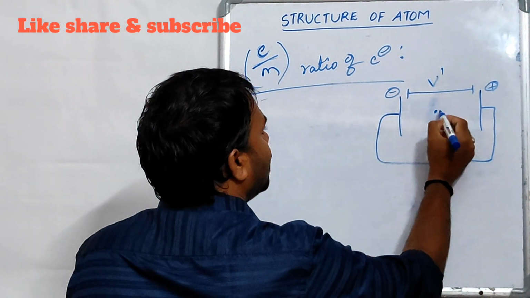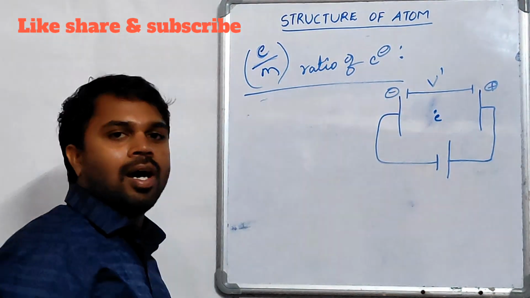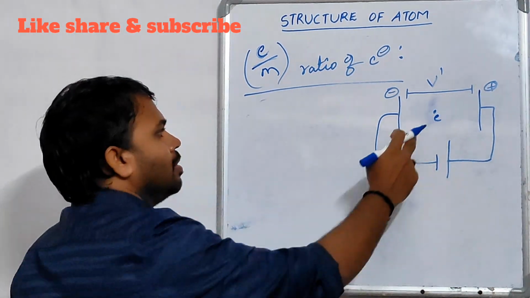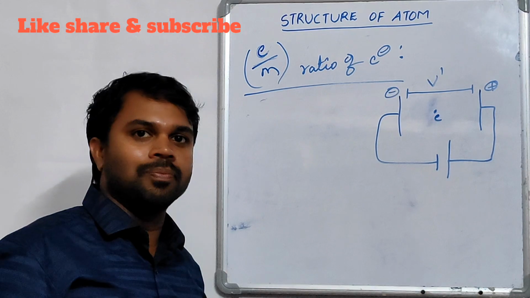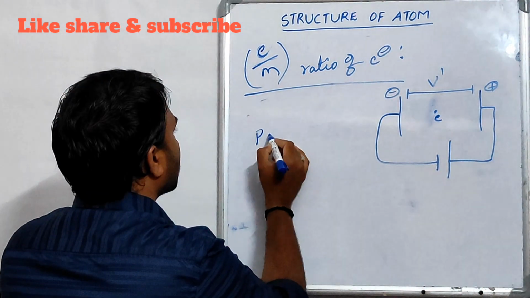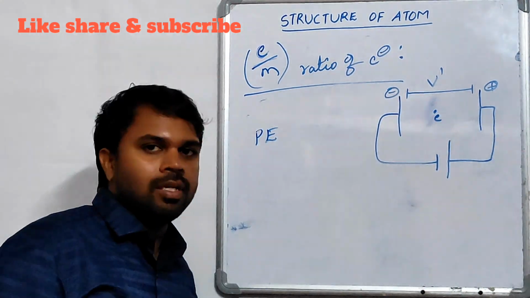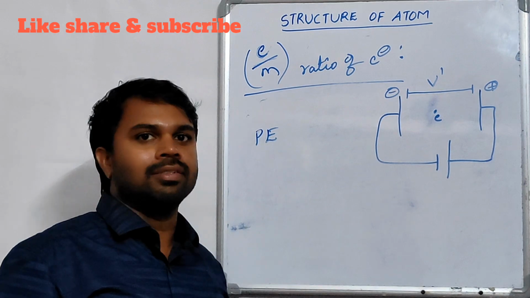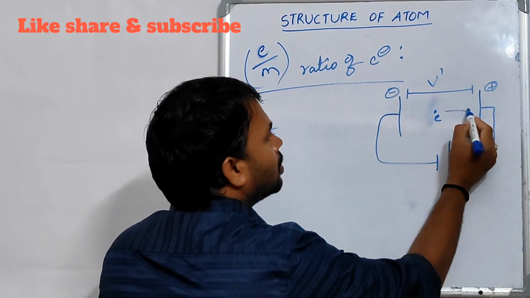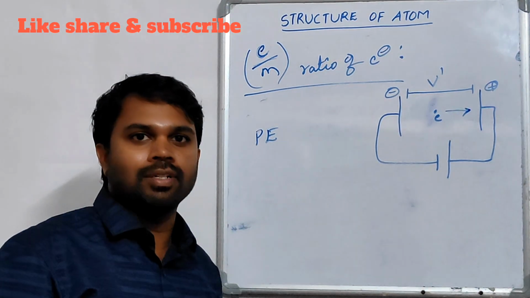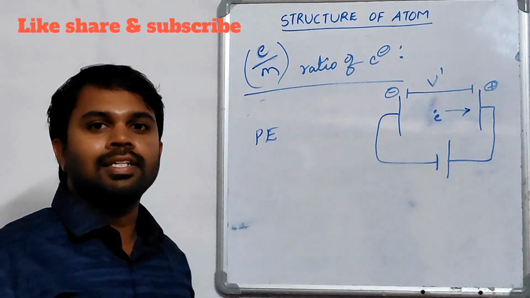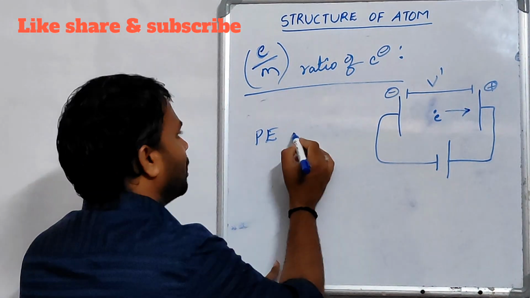Now the electron is present here. In the absence of an electric field, there is no movement of the electron, so this electron has some potential energy. When the battery is turned on, this electron moves towards the anode side. That is, the electron is in motion, so this potential energy converts into kinetic energy.